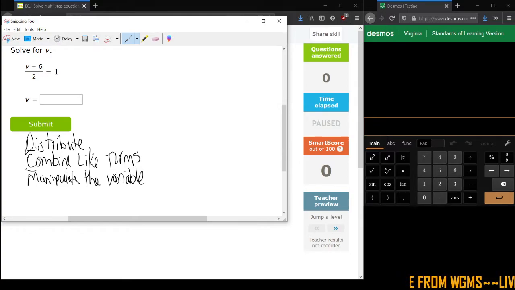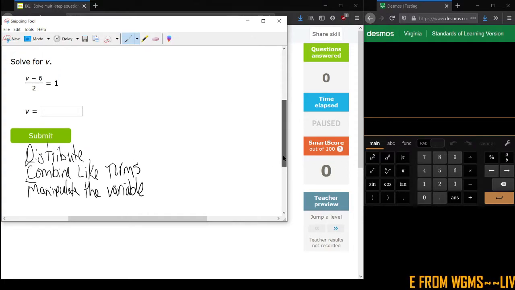So as I go solve this, again, I want to make sure that I can do just that. So if I have this equation, I'm actually going to multiply 2 to both sides. So I have v minus 6 over 2 is equal to 1.